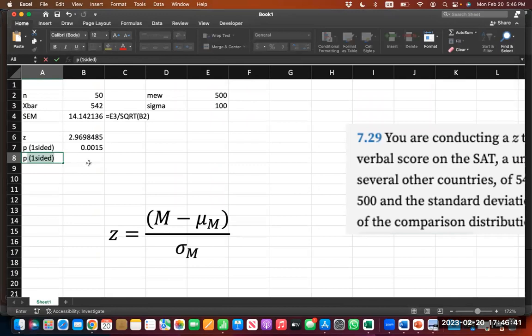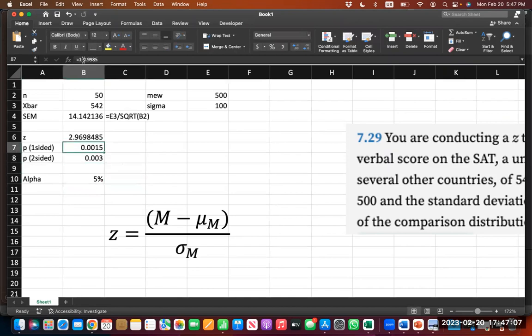The other way around is you actually calculate, if you have a positive z score, you basically go to the positive and you calculate 1 minus that positive p-value. So P two-sided would then be this multiplied by 2.